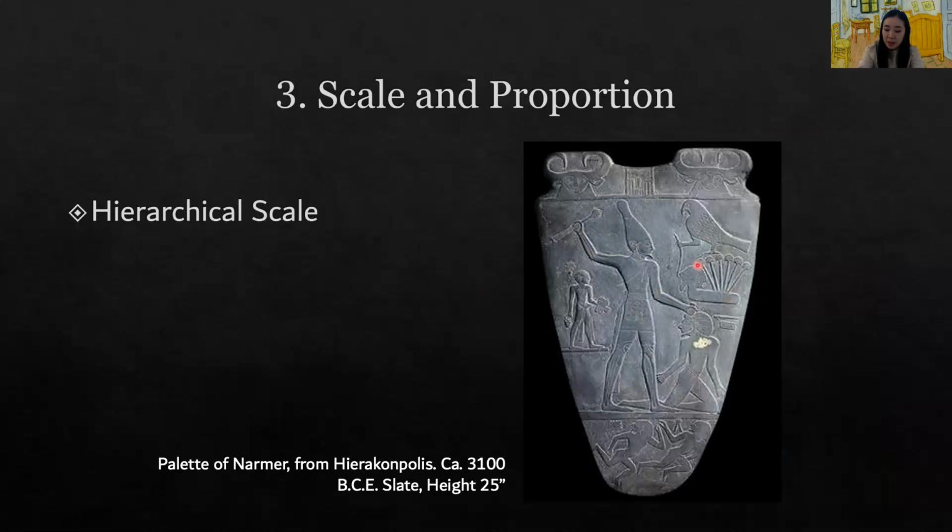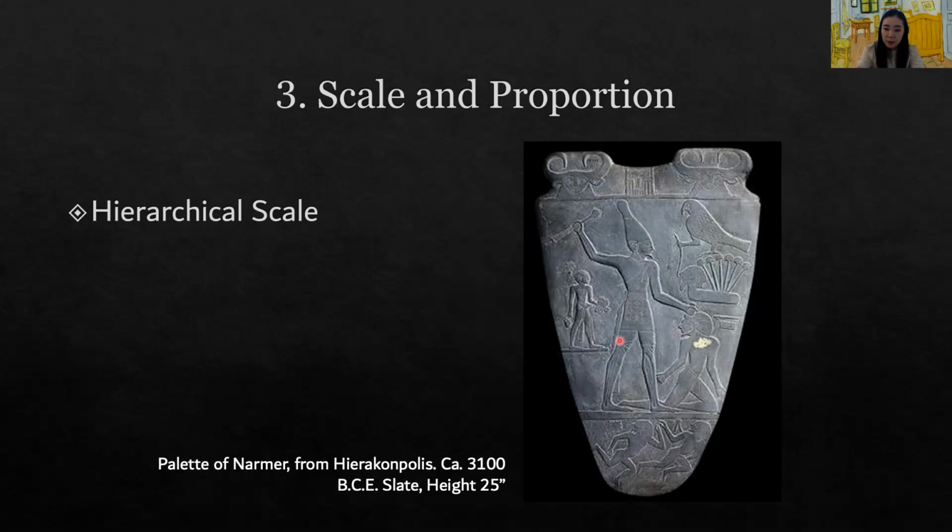When depicting an important personage, Egyptian artists strove to show each part of the body to best advantage, so that it could be read clearly by the viewer. Narmer's body is seen in profile, but the torso is full front, and his head is in profile again.